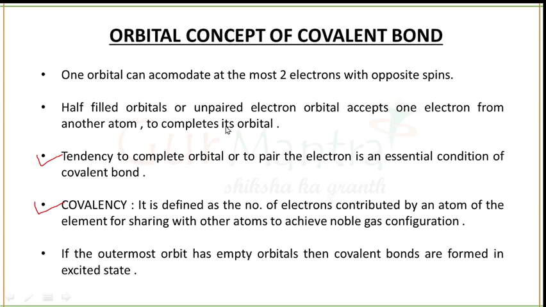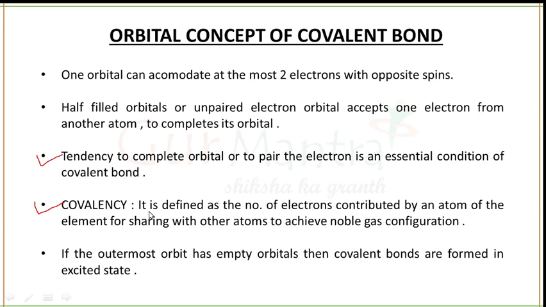A covalent bond is formed to complete the orbital and attain the stable noble gas configuration. That's why the foremost essential condition for the formation of covalent bonding is the tendency to complete the orbital or to pair the electron. The next point is very important.